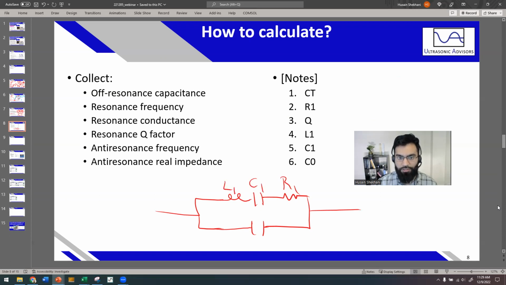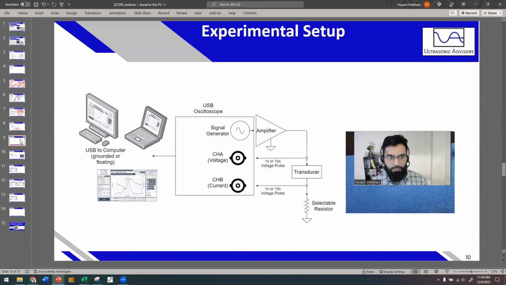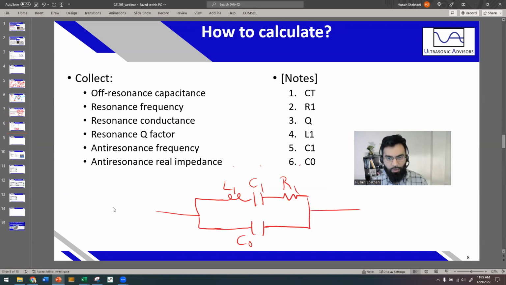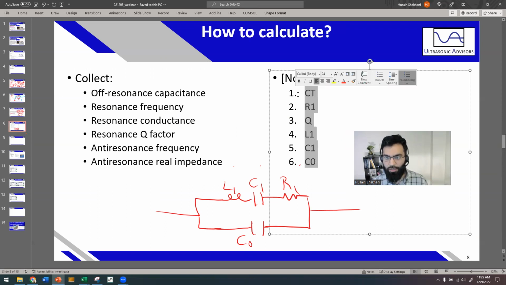If we have multiple branches, then we can go L2, C2, R2, but we're just doing one branch. That's the way I'm rolling today. And this is C0, which I'm considering to be a pure dielectric case. There are nuances there, but it's easiest to describe it like that. So let me talk about the measurements and then we'll get into calculations.